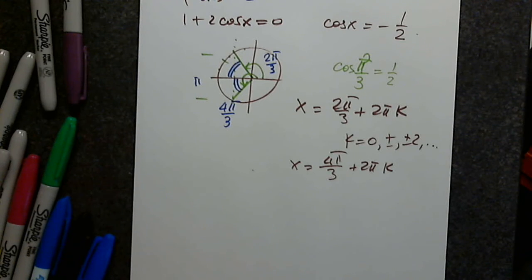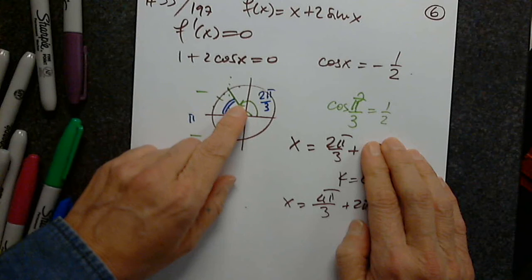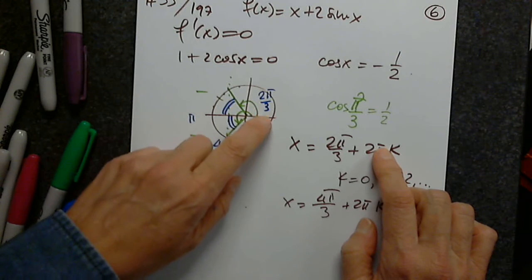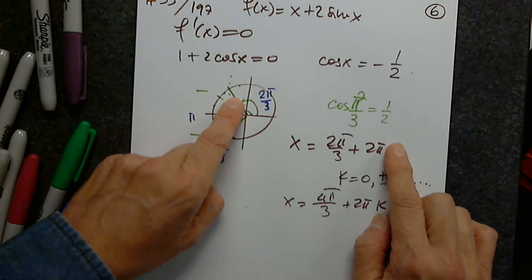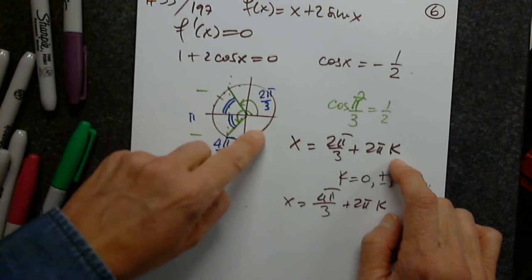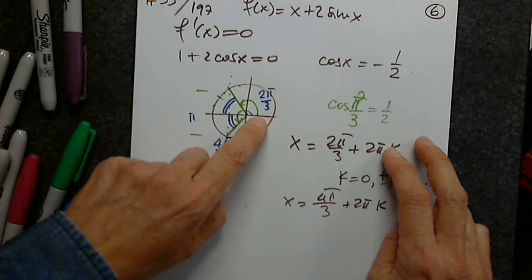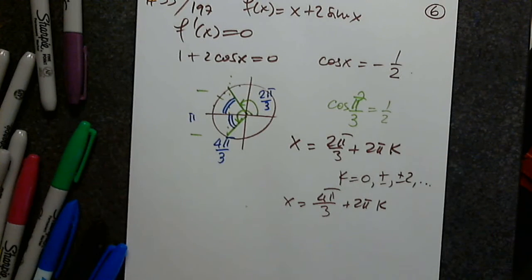If k is 0, we'll only get this. If k is 1, then we get this plus 1 complete rotation. If k is -1, then we get this minus a complete rotation. If k is 2, we get this plus 2 complete rotations.